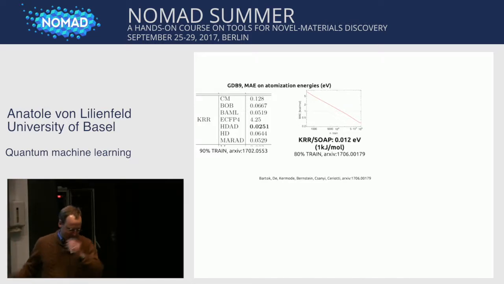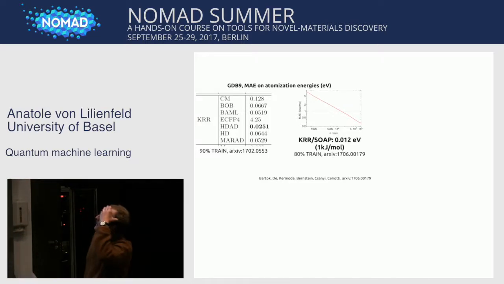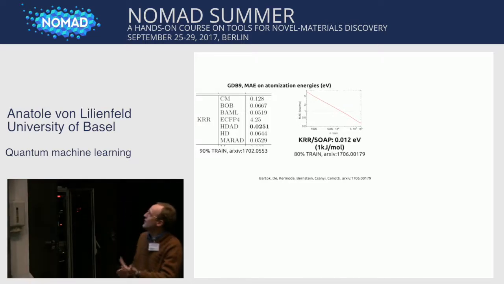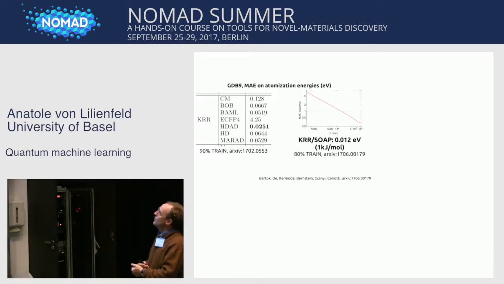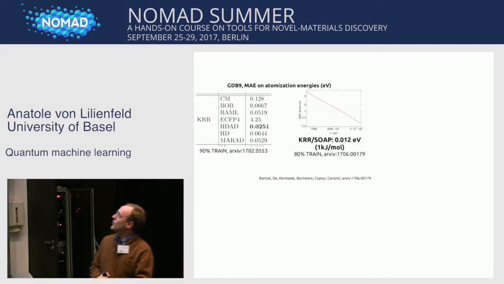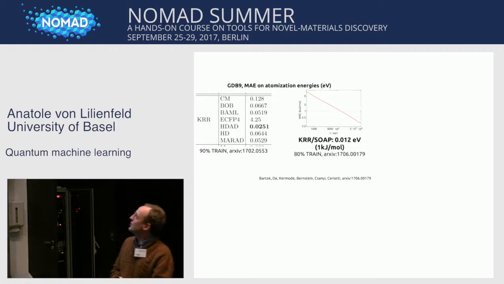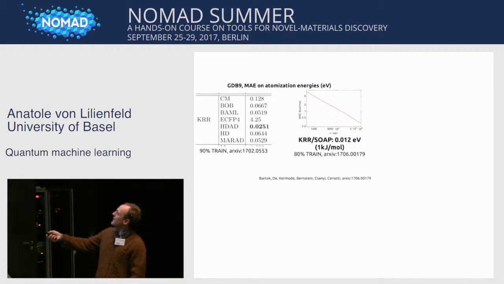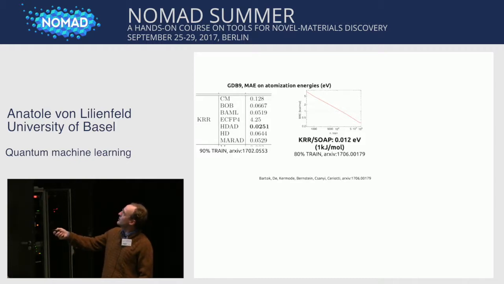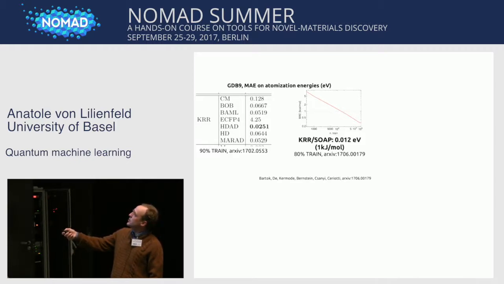Now, this was published last year, and since then we've been trying to improve this further. And some work that Gabor and Michele Ceriotti, and also James, here present, recently published, is shown here.